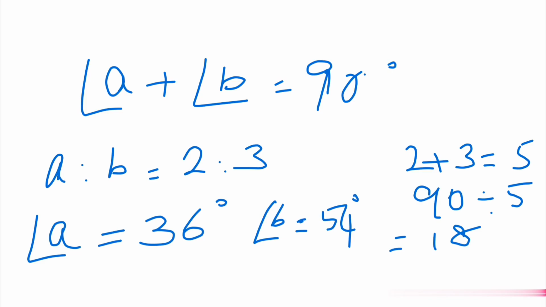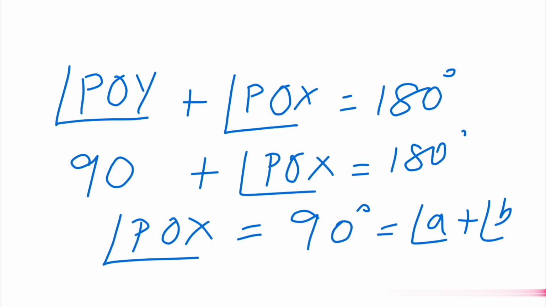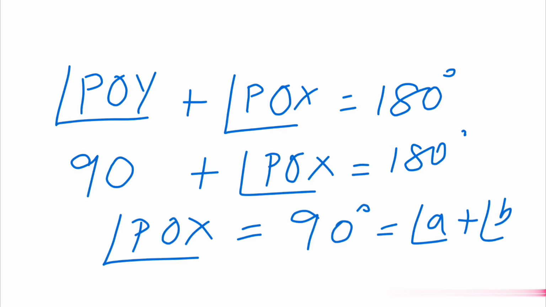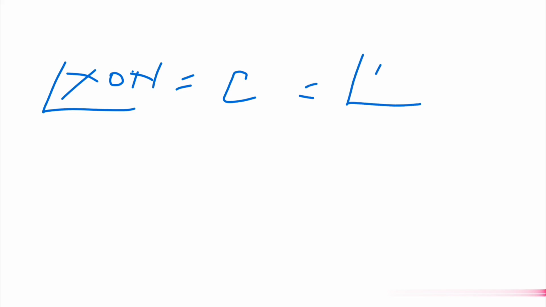Now we are asked to find the value of c. Now c, that is XON. Angle XON is asked, that is c. It is just c, it's not angle c, it's c. This is equal to angle POY plus angle MOP.